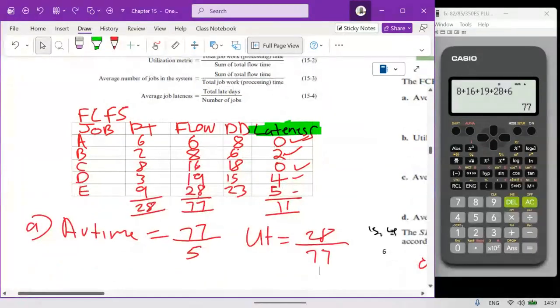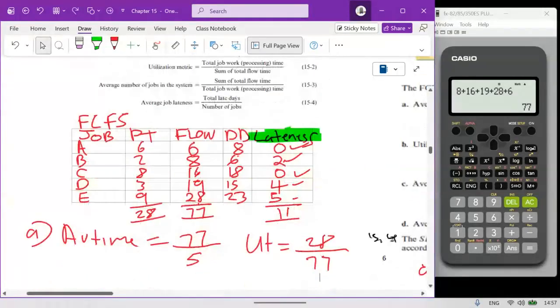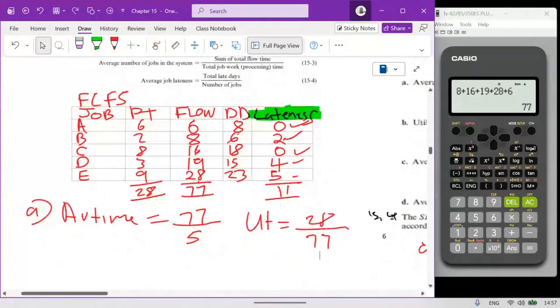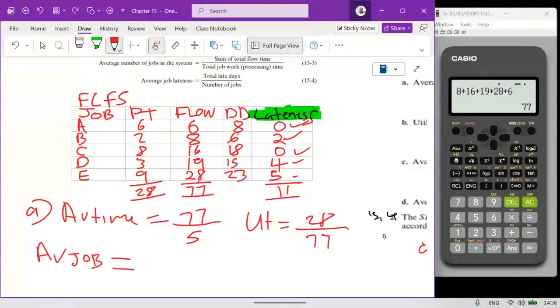Then we have average number of jobs in the system, which is sum of total flows, 77, over processing time, 28. Then we have the last one, average job lateness.